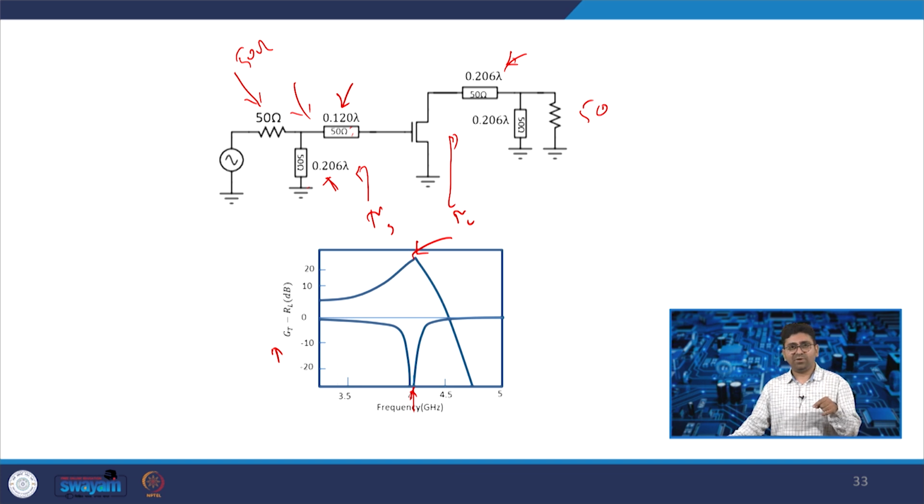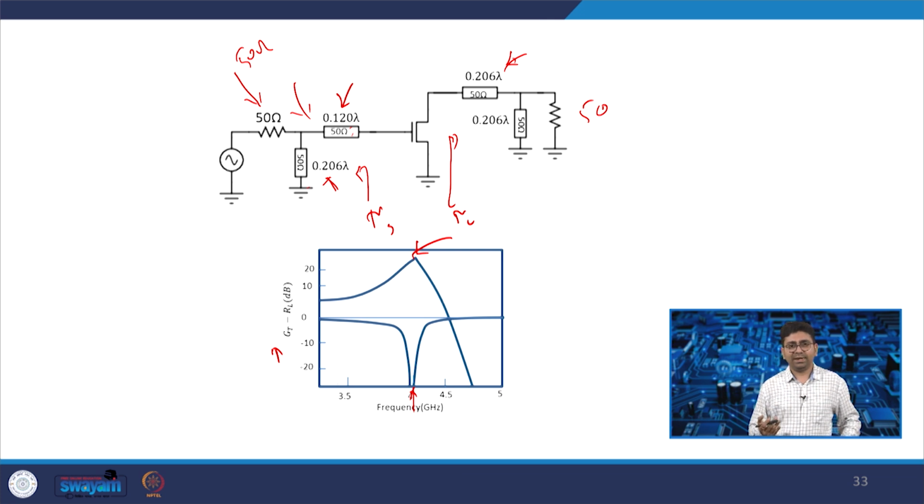Once you have found the stability gamma s and gamma L, you make the transistor unconditionally stable by using some resistive network, or you can choose a value of gamma s or gamma L in the stable region. You can also use the K delta or the mu test in order to find the stability. Once you find the stability, you can go for the gain.